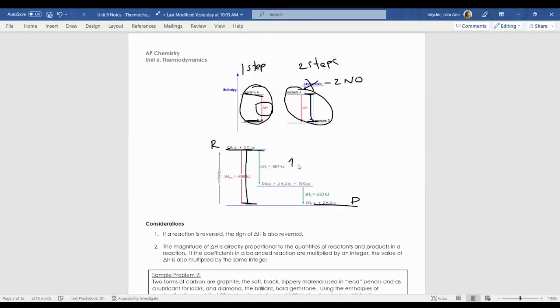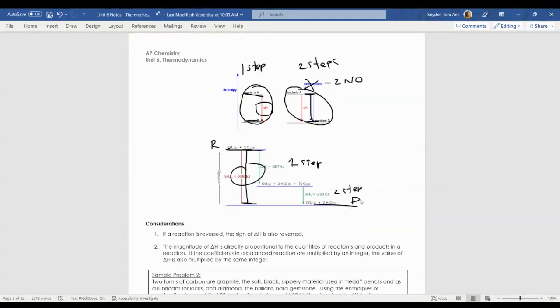My first step looks like it releases 607 kilojoules, and my second step releases 208 kilojoules. My total enthalpy change would be the sum of those two, negative 890 kilojoules, because it's always reactants to products. That's the enthalpy of our reaction, okay, the difference between reactants to products.